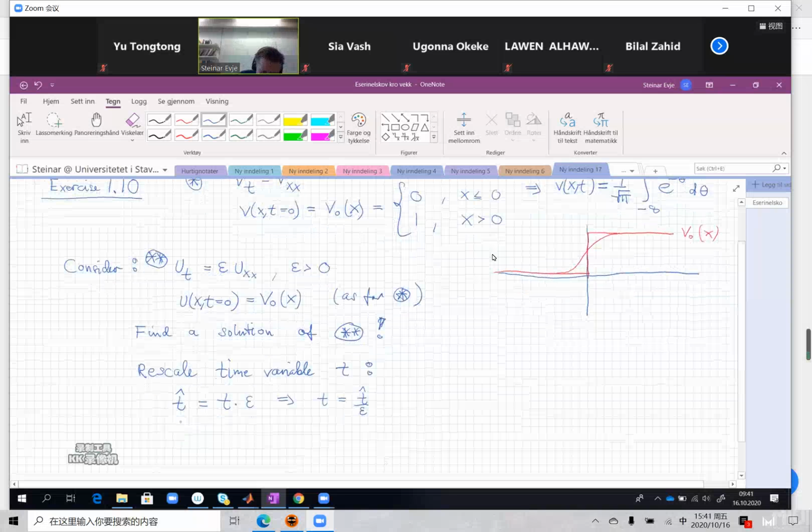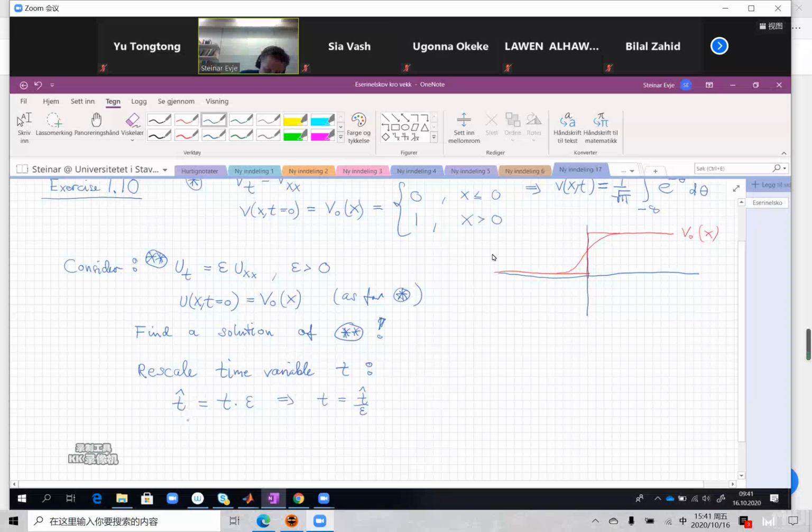The plan now is to describe epsilon relative to this rescaled time t hat. What will happen then?